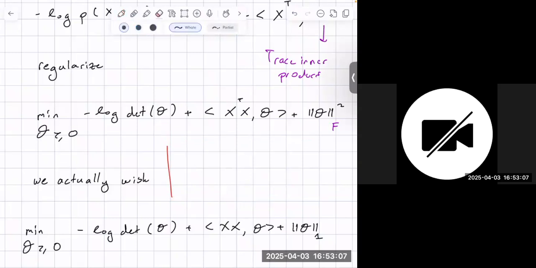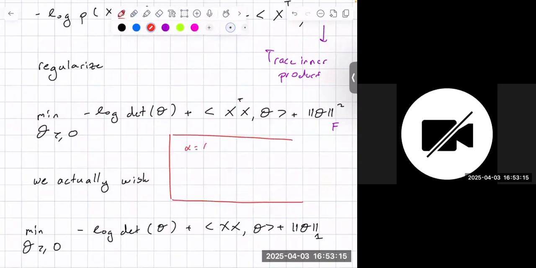So what are these two norms talking about? If I have a vector, say alpha, the two norm is the standard Euclidean norm we know. The one norm is the summation of the absolute values of the coordinates.